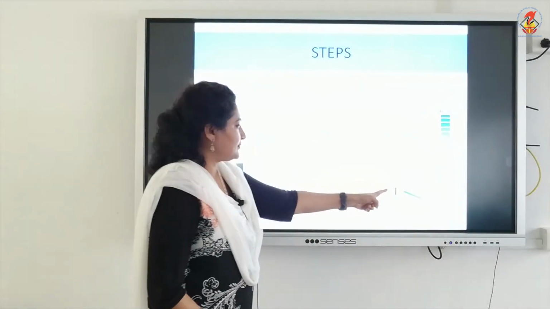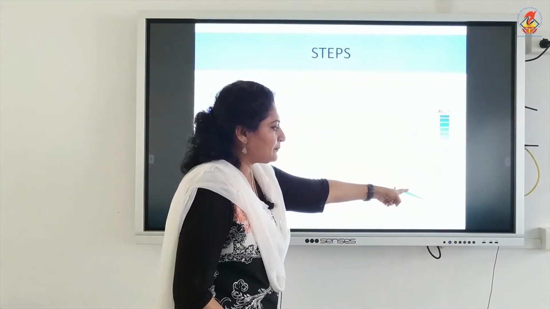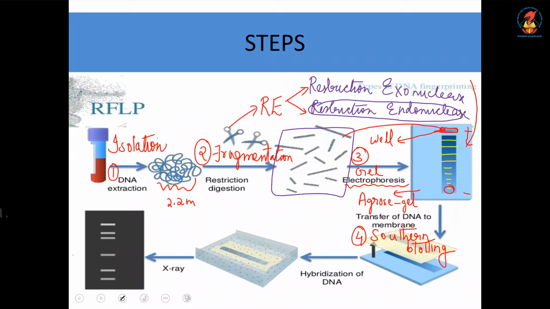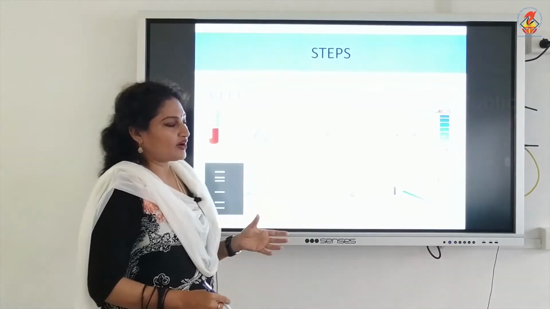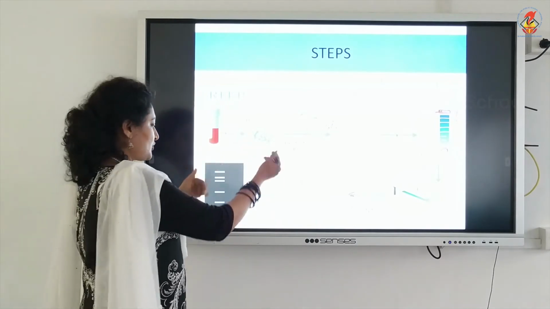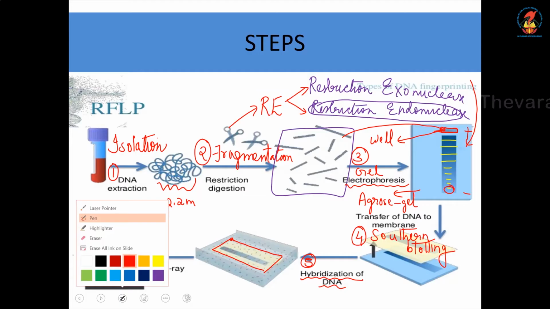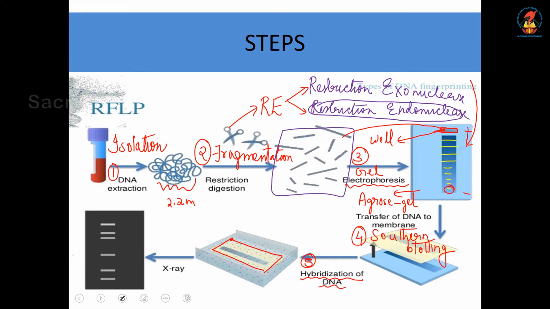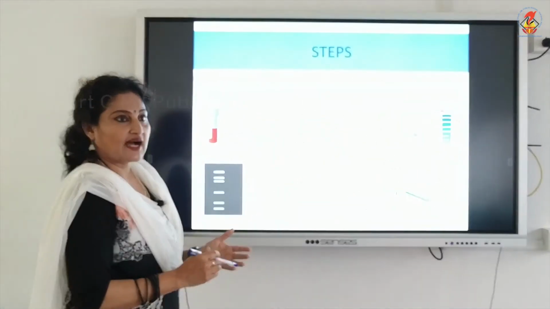The next step. So what's the color of the nylon paper? Yellow color. So we see what is placed here, the yellow paper. The next step is very important. It is hybridization of the DNA. In this step, before the procedure could start, the VNTR of the criminal or the sample obtained is identified.